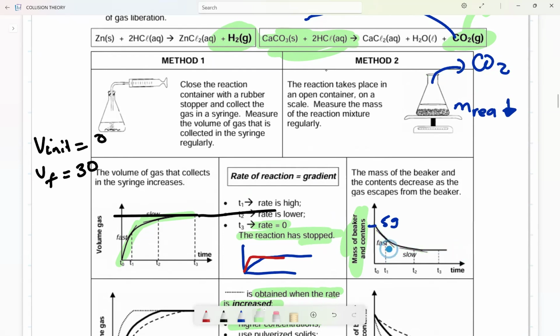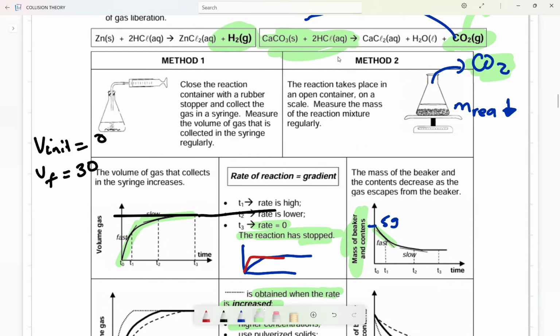So I want you to see something. Remember, I said when the reaction starts, the reaction rate will be faster because now there is more content, there are more reactants. Can you see? But as time goes on, the reactants decrease. Why? Because some of the reactants are lost due to carbon dioxide escaping, right?